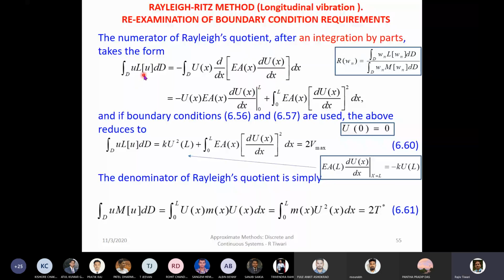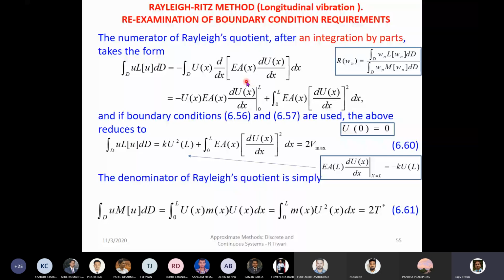So substitute in the denominator part the L operator. So minus is also coming from the L operator. Now this particular expression, which is there in the L operator form, we are doing the integration by parts. Here we are doing integration by parts once.